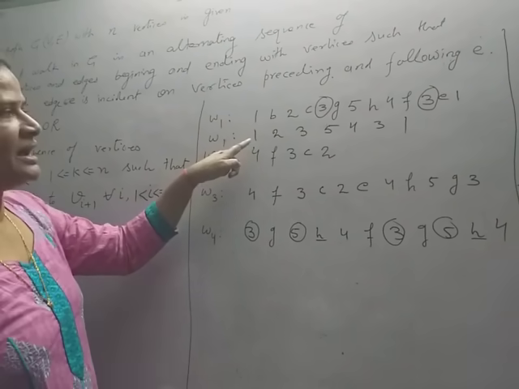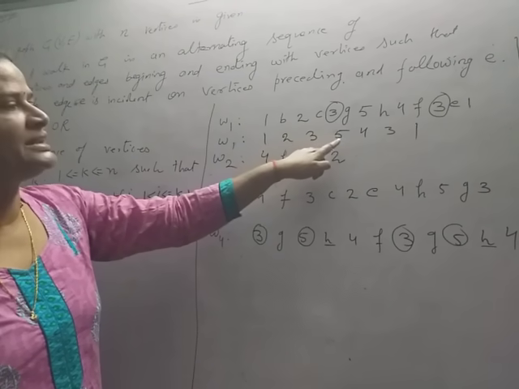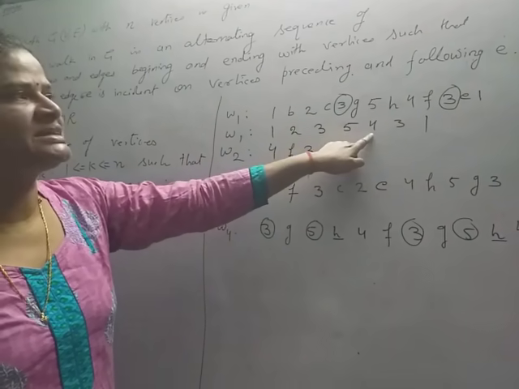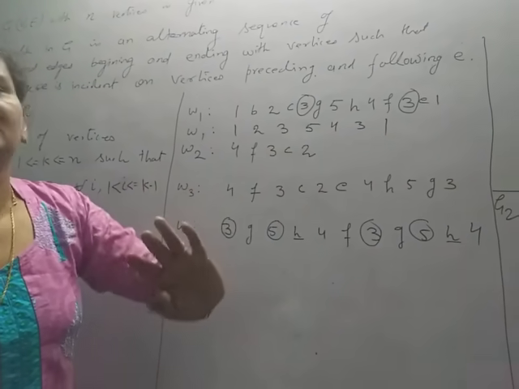Consider the definition with 1, 2, 3, 5, 4, 3, 1. Here W1 is 1, 2, 3, 5, 4, 3, 1. What this definition tells is that for the graph, 1 is adjacent to 2, 2 is adjacent to 3, 3 is adjacent to 5, 5 is adjacent to 4, 4 is adjacent to 3, and 3 is adjacent to 1.